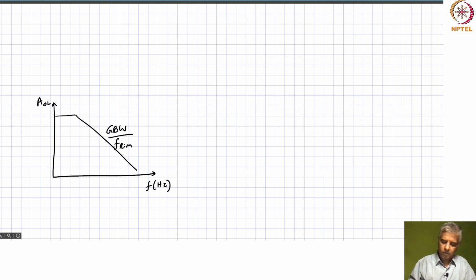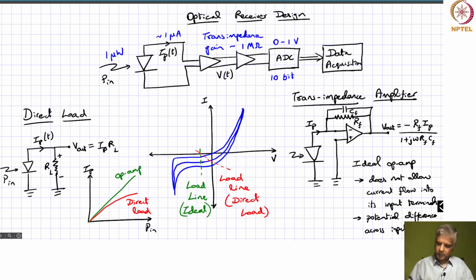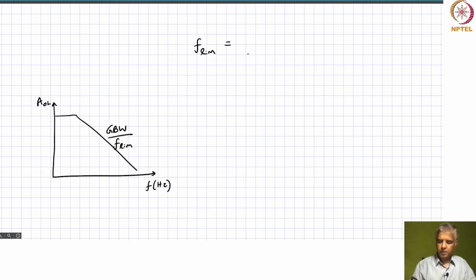But for any of these op amps, if you are looking at the expression for the F limit based on what we looked at here, based on the frequency response over here, you can write the F limit as the A limit, the open loop gain at that particular frequency, divided by 2 pi RF CF.